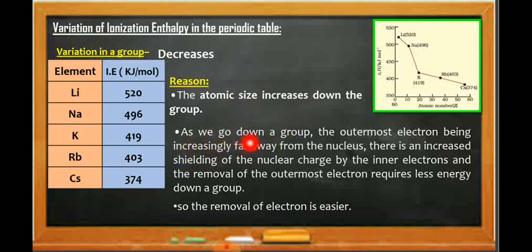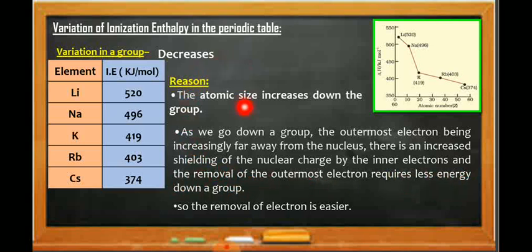As we go down a group, the outermost electron is increasingly far away from the nucleus. So going down, the size increases, and the outermost electron will be farther from the nucleus. There is an increased shielding of the nuclear charge by the inner electrons, and the removal of outer electron requires less energy down the group.